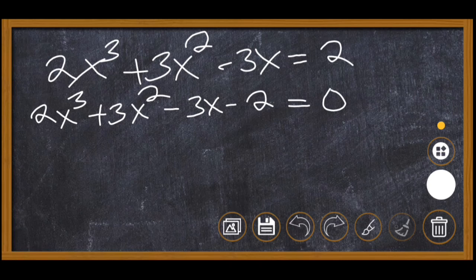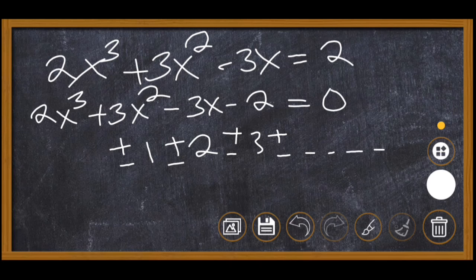So here, to find the divisor, we need to use the trial and error method, where we try different values. We can have positive and negative 1, positive and negative 2, positive and negative 3. We can have a lot of values we can put here.